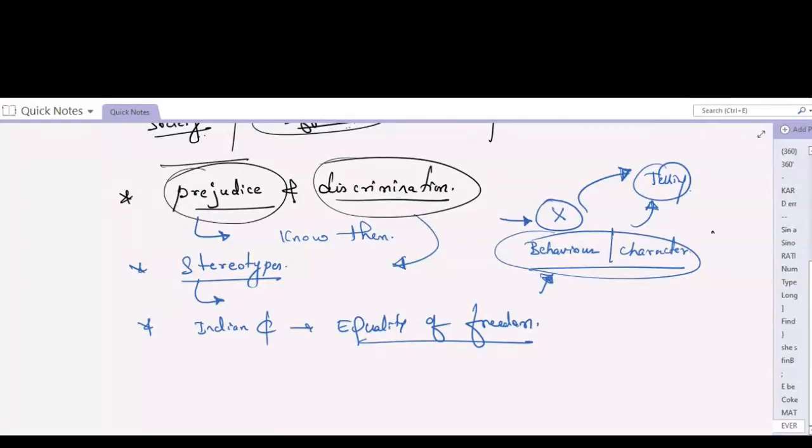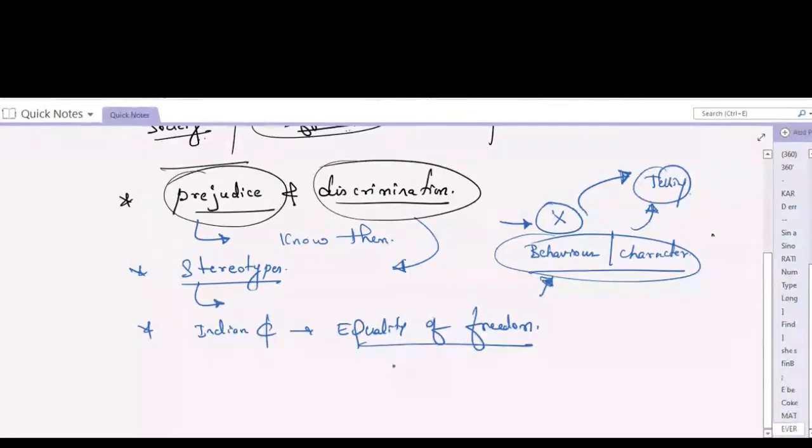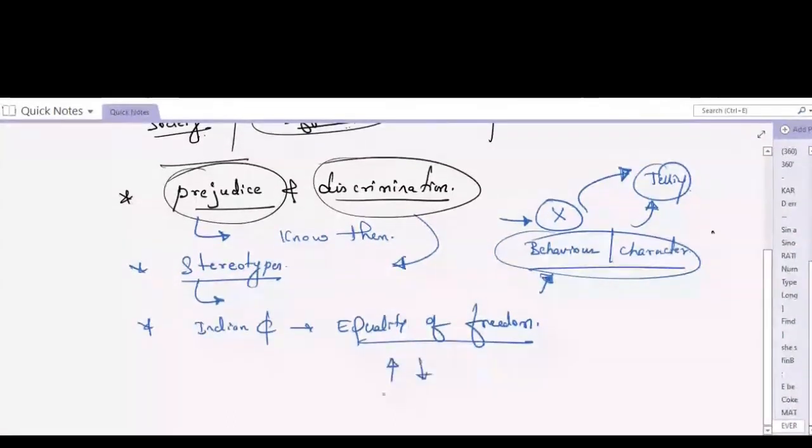Our Constitution has already stated that there should be equality among the people, right? That is freedom, be it freedom of speech or freedom of status, or whatsoever it is. So we have to maintain equality. We should not say that girls have less freedom. Our Constitution has already denied this.